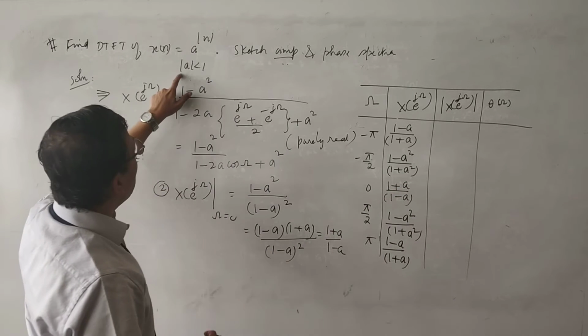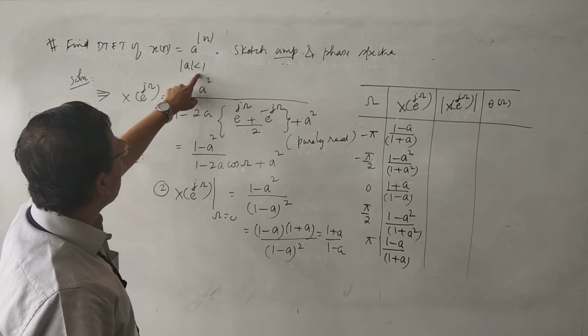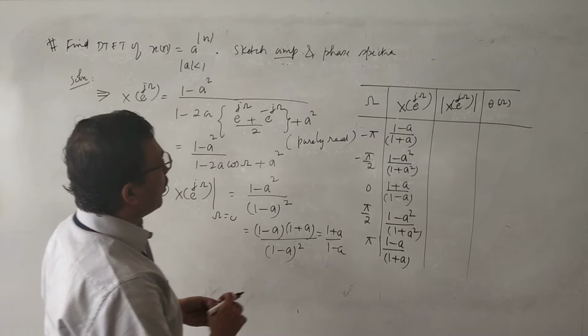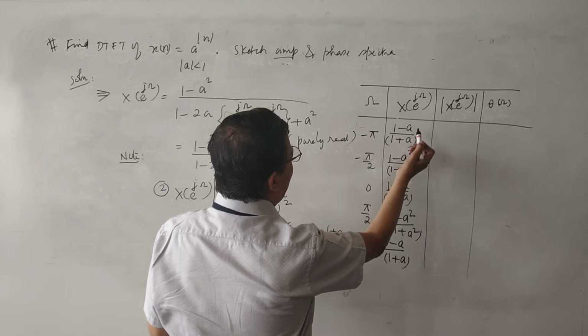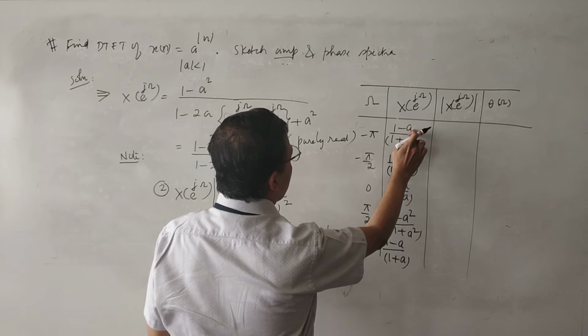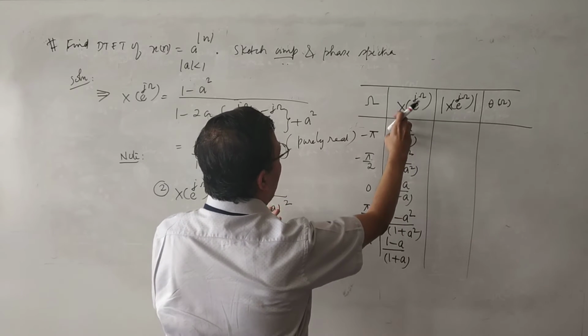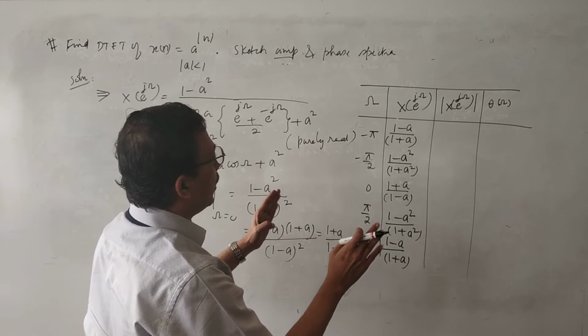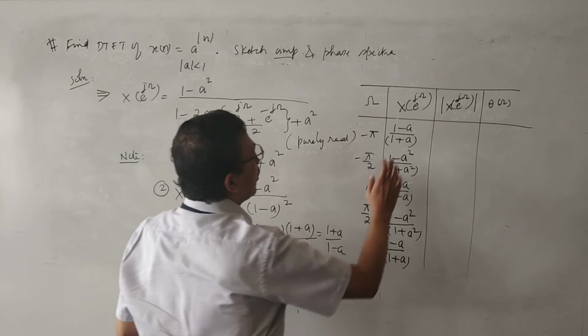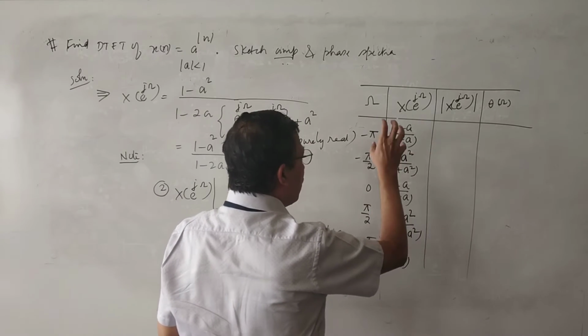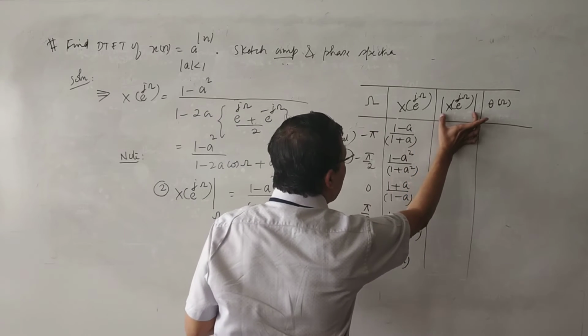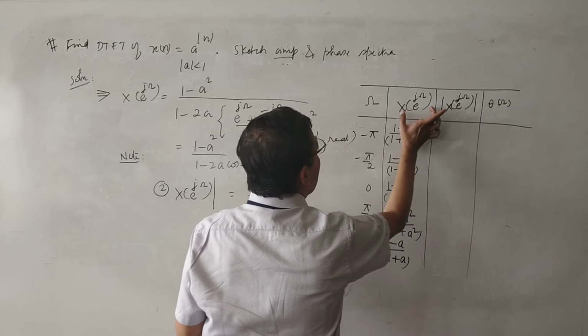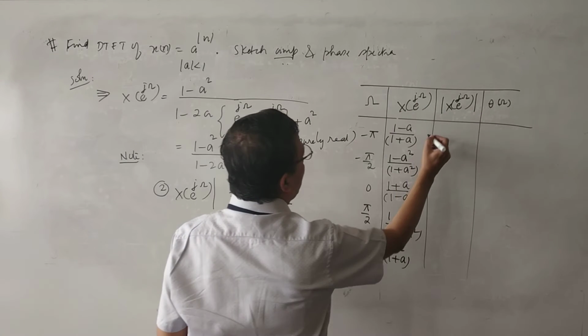In the problem, mod a is less than 1. That means if you take any value of a, let us say 0.2 or minus 0.2 and evaluate all these expressions, you will get positive result only, positive number only. What is magnitude of a positive number? Number itself. Therefore, magnitude of X of e power j omega is same as X of e power j omega.